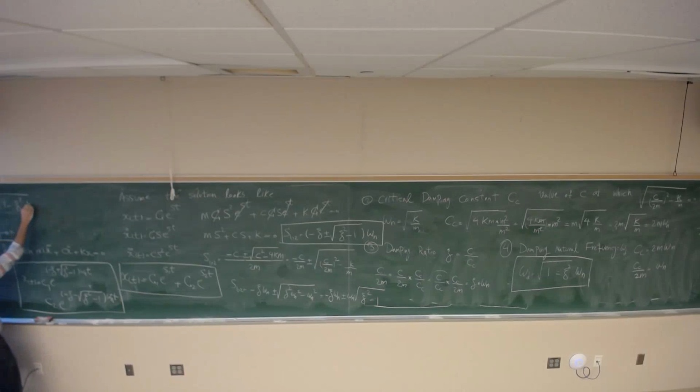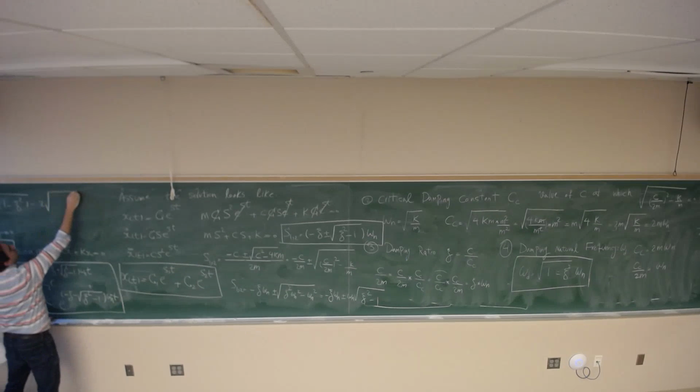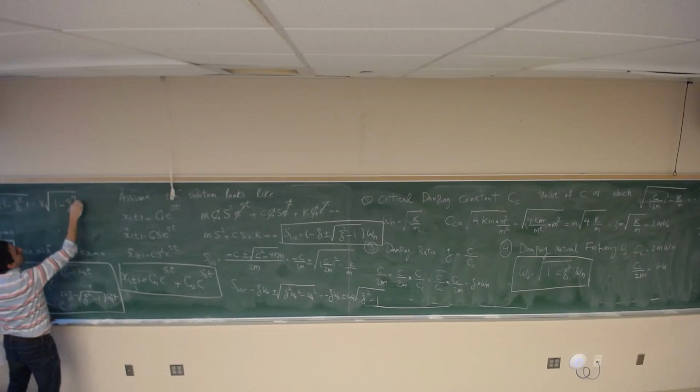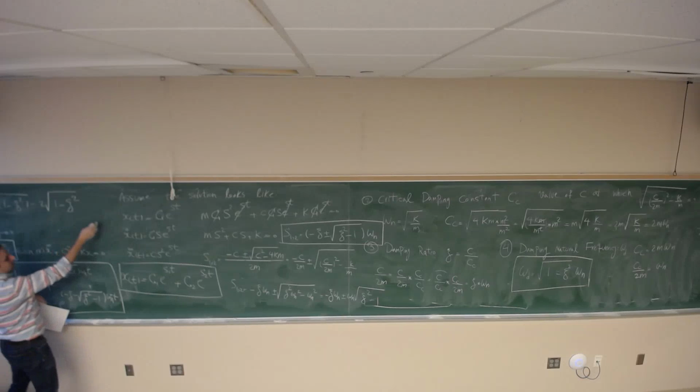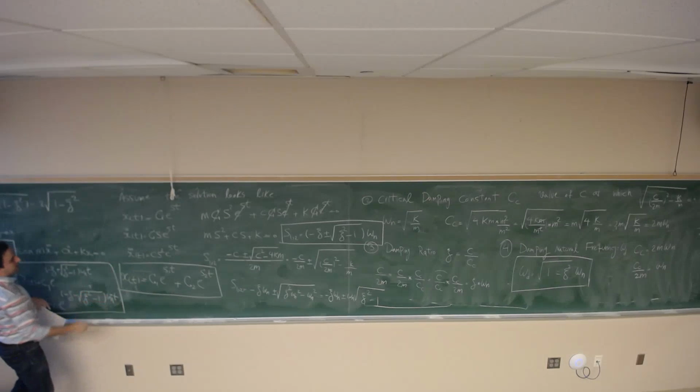So it's going to be i times the square root of 1 minus zeta squared. Then when it's multiplied by omega n, it changes to omega d.